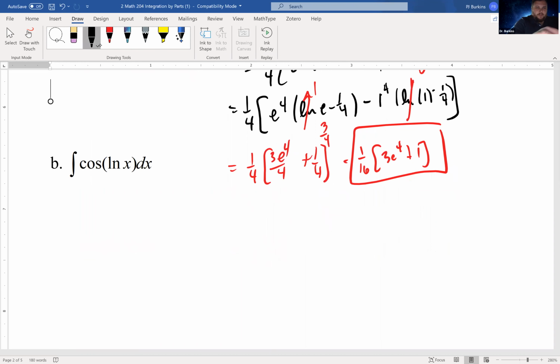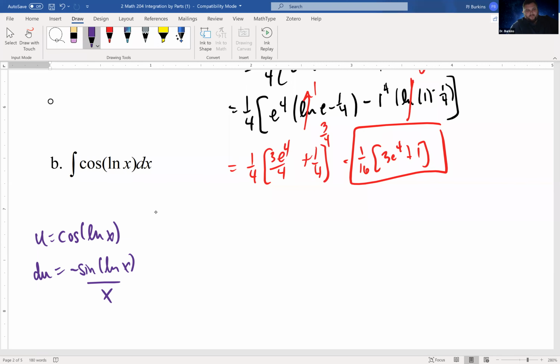And the second one here, you would let u equal cosine log. Derivative of that is going to be minus sine log over x. Right, derivative of cosine is minus sine.